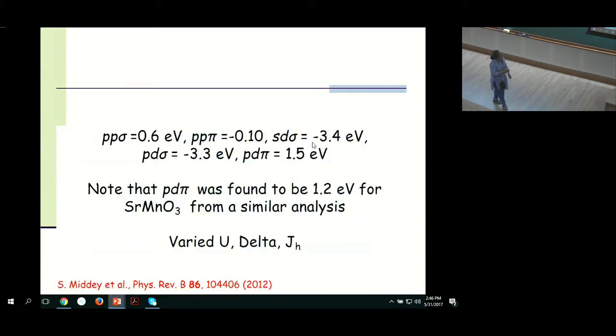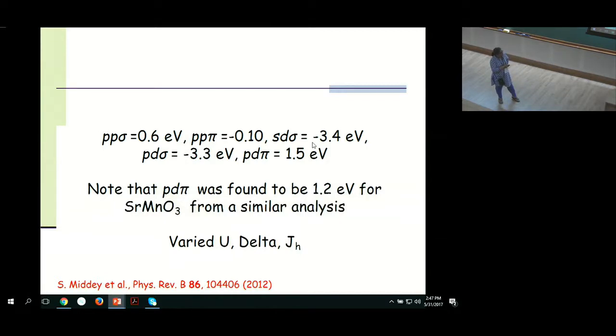You can see several parameters listed here, but essentially when you go from the technetium compound to the 3D oxide, strontium manganese oxide, since we are talking about the t2g orbitals, the relevant interaction strength to be worried about is the pd pi, and that decreases from 1.5 eV to 1.2 eV, reflecting the bandwidth change that one usually finds.